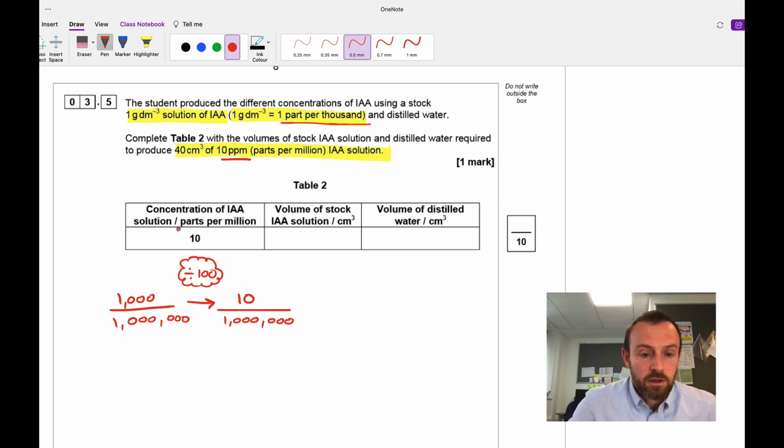Concentration of IAA solution in parts per million, this is what we want, 10. So the volume of the stock solution, and then the volume of distilled water. Well, we only want 40 centimeters cubed total, so we need 1/100th of 40 for this, and then 99/100ths of 40 for this. So 40 divided by 100 is going to be 0.4.